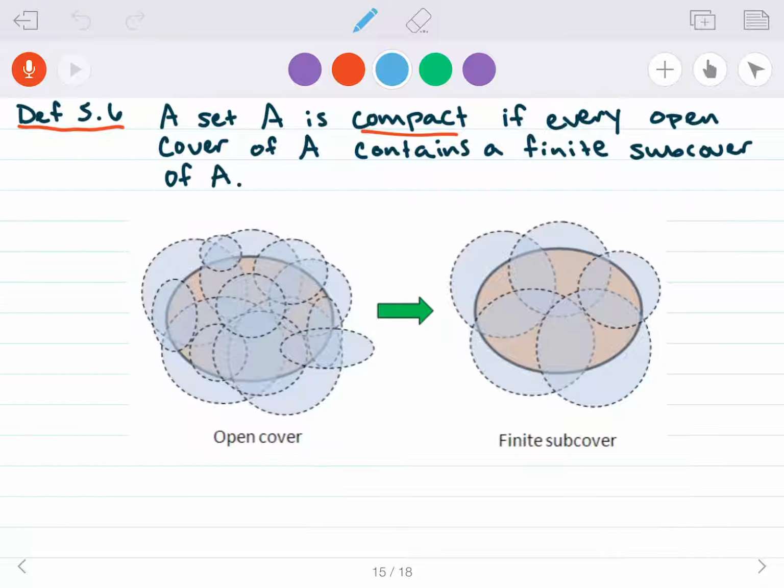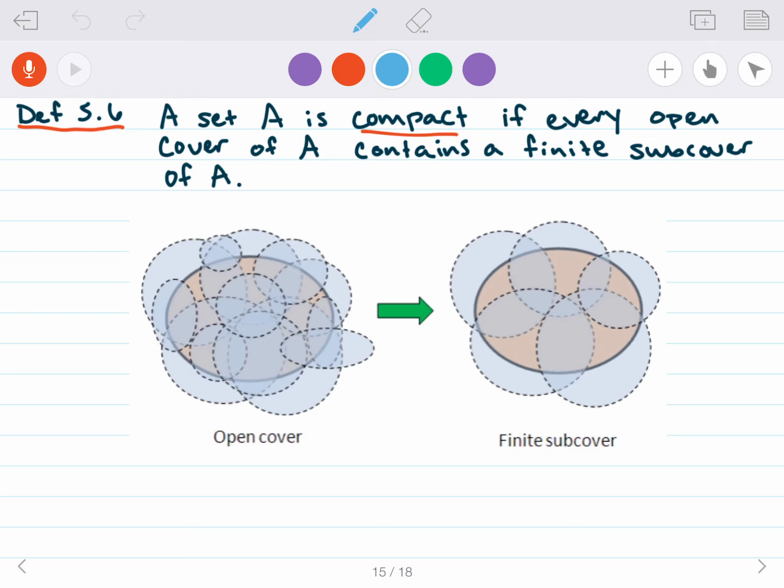Intuitively, you can think about something being compact if you can put it in a box, I guess. The formal definition is that if your set is compact, then every open cover of your set will contain a finite subcover.